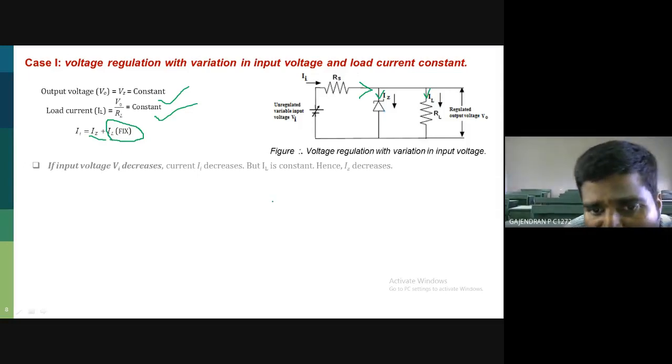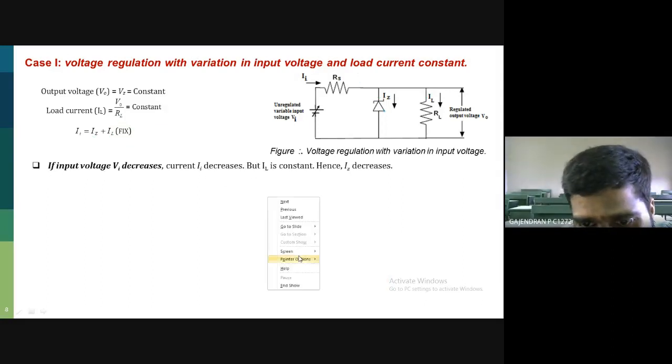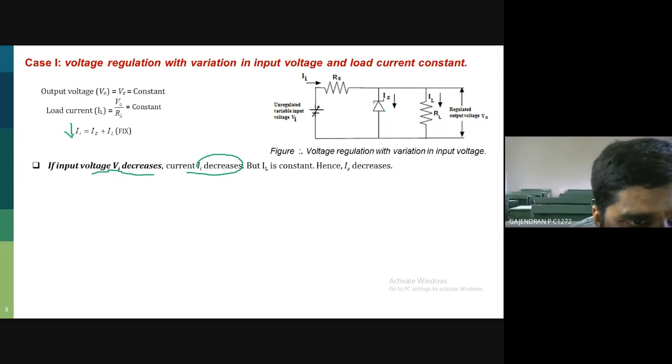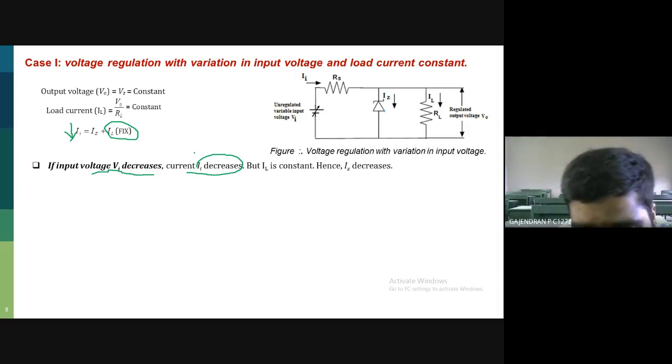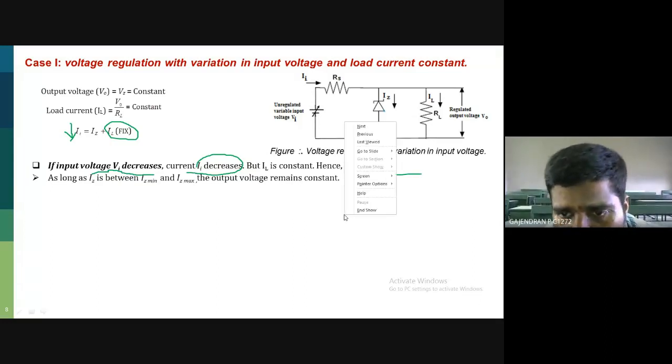Okay, the first one we are going to decrease the current, இந்த current decrease பண்றோம். எதை? Input voltage decrease பண்றோம். Input voltage if I decrease, I will get decrease. இது decrease ஆயிடும். This one is fixed. Then what about the Zener current? Zener current also decreases. Thereby it maintains constant output voltage.